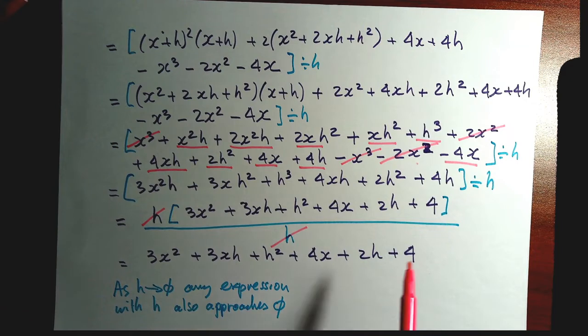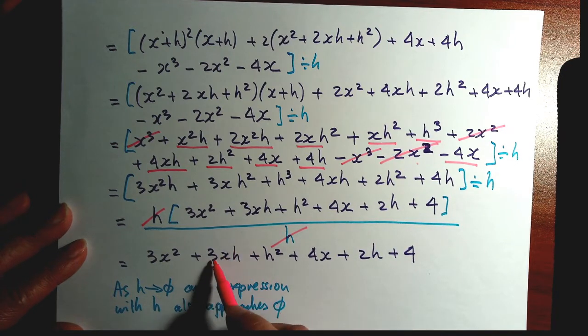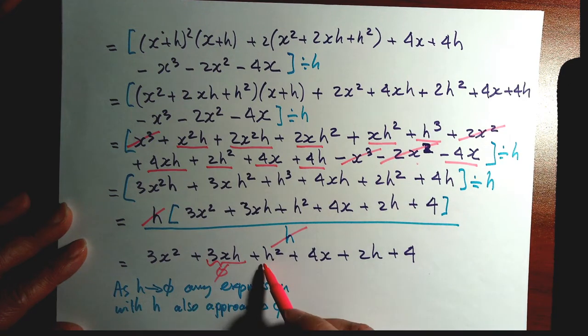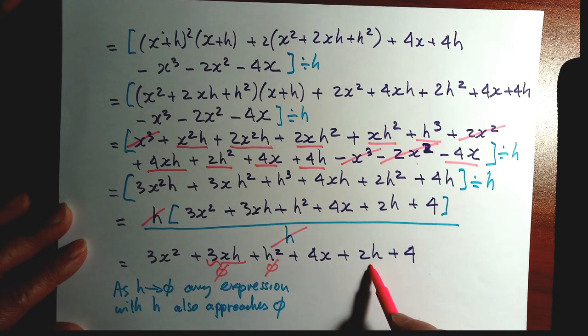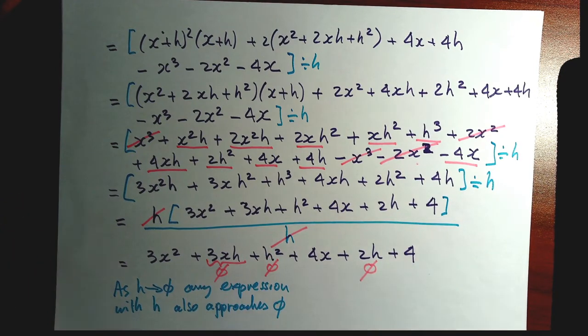So taking this expression, if h approaches 0, this whole expression can be taken out and it could be equivalent to 0. This is 0. This is 0. So this and this can be taken out, and we are left with the result.